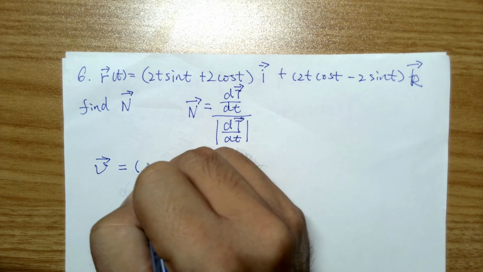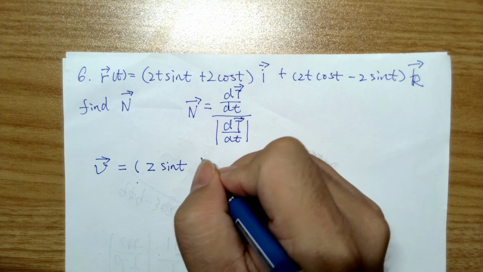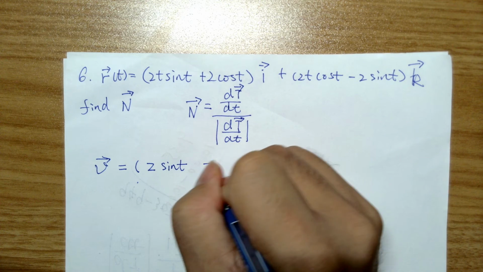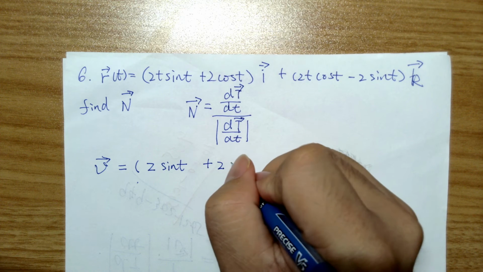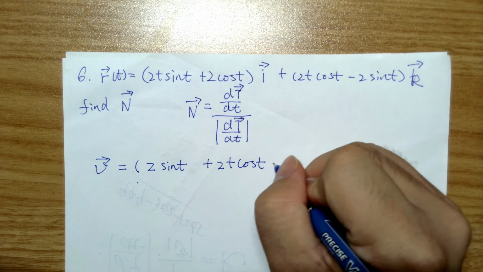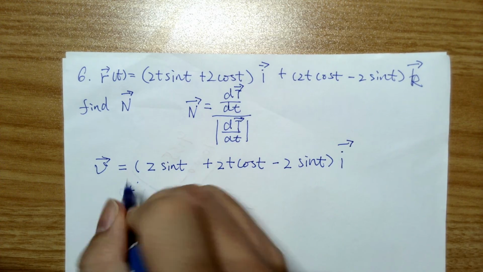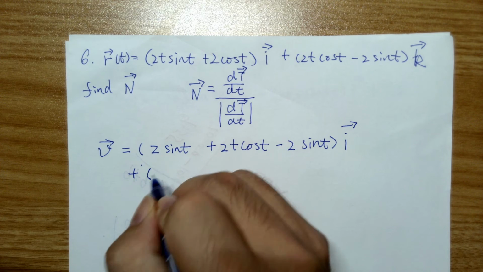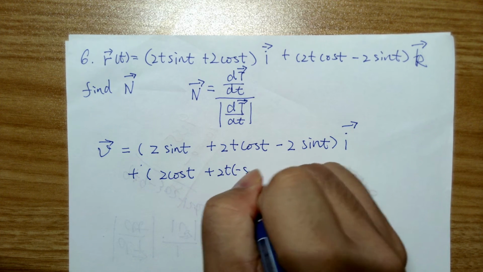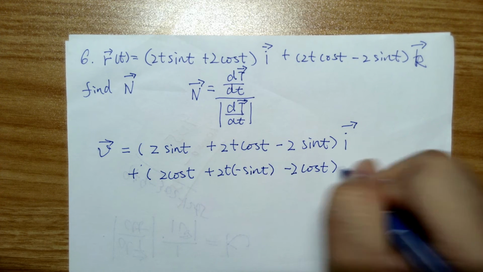The derivative gives us 2 sine t plus 2t cosine t, and minus 2 sine of t i, plus the derivative of this, 2 cosine t, plus 2t negative sine of t, and then minus 2 cosine of t.